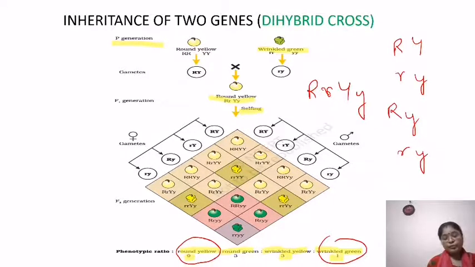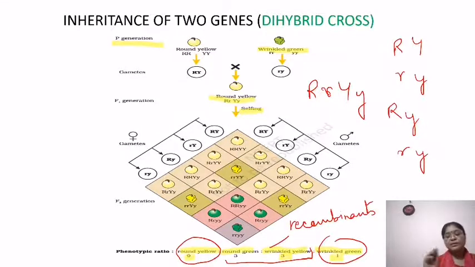but round and green, wrinkled and yellow, which are what? They are your new combinations. They are your recombinants, which were not existing in the parental generation. So they are called recombinants, and they are occurring due to assortment of your chromosomes. Chromosomes are shuffling.